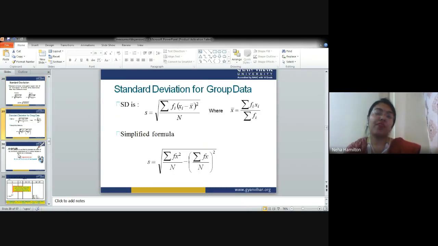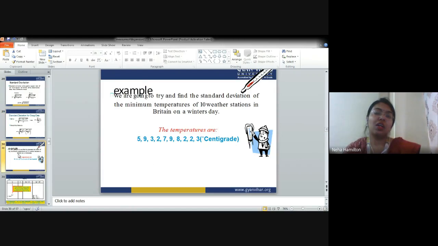And finally, the formula you have to remember is the first one that I have discussed, right? Now we are giving you the examples, right? We are giving you 10 weather stations of Britain on a winter day, and you have to find out the standard deviation in this data. Now, what will you do? Tell me, what is the first step?